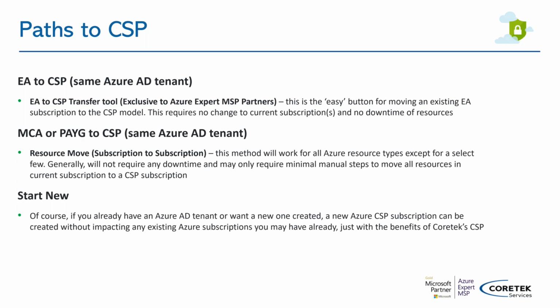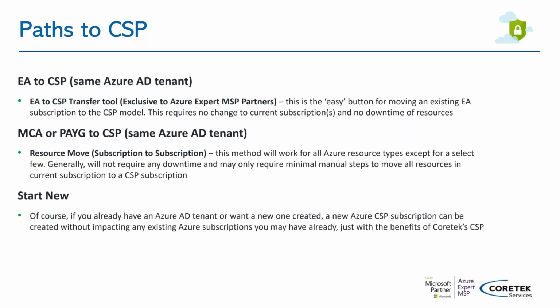It's very simple, very easy to do. Sometimes we have to go through some little processes to make sure everything is in line, but for the most part it's very simple, with no impact to your current subscriptions, which is great. If you're starting from an MCA or pay-as-you-go and going to CSP, that's possible too. It's a little more process involved. As long as it's again the same Azure AD tenant, we do what's called a resource move, moving all the resources in one subscription to another. Except for a very select few resource types, you should be able to move everything.